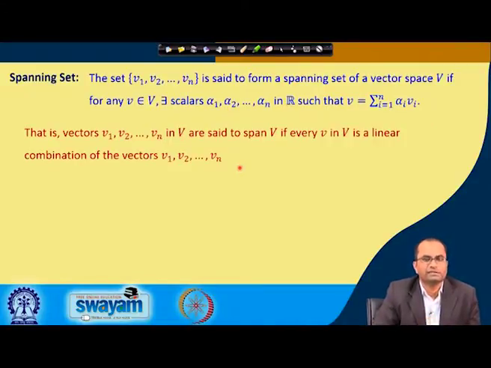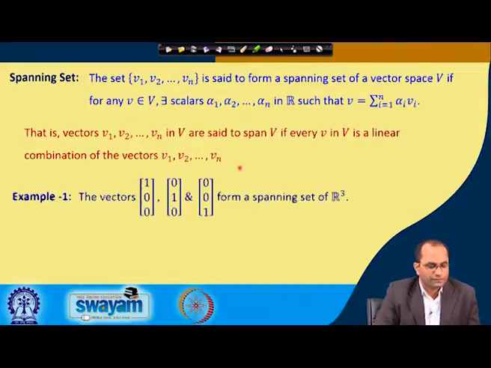So this spanning set is very important. Once we have the spanning set, we can write any vector of that vector space as a linear combination of these given vectors.